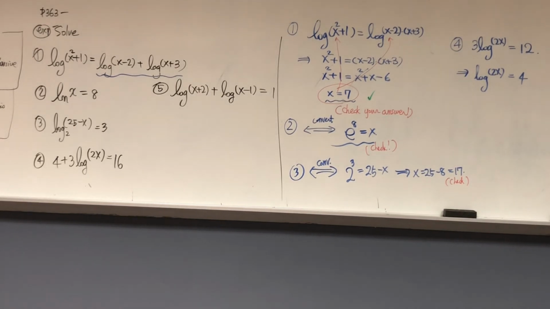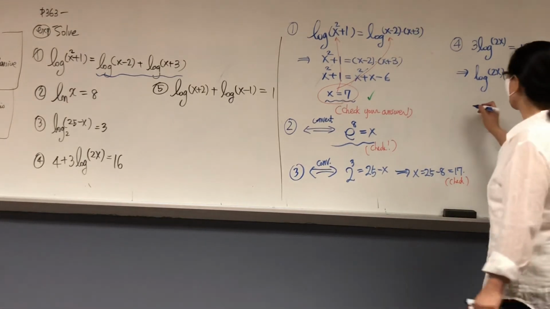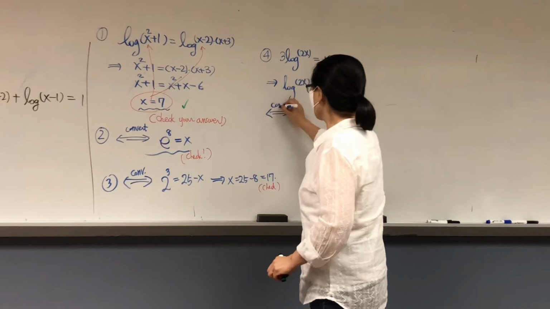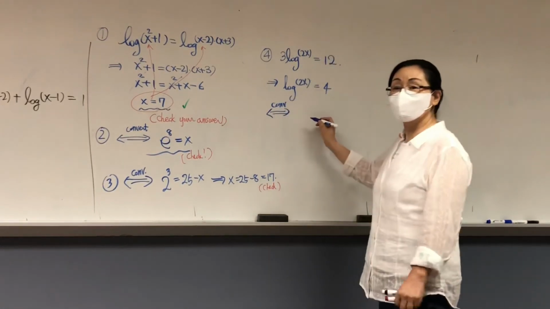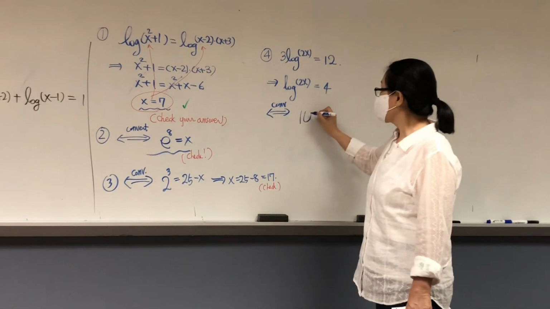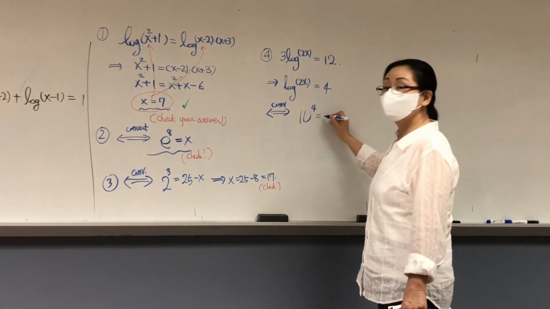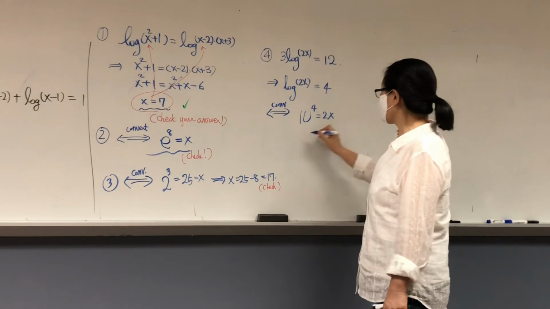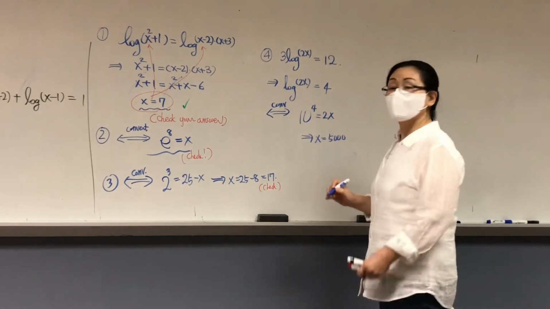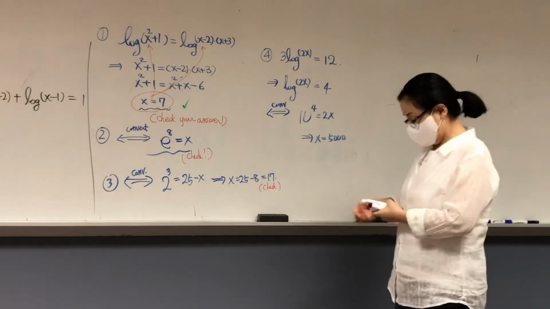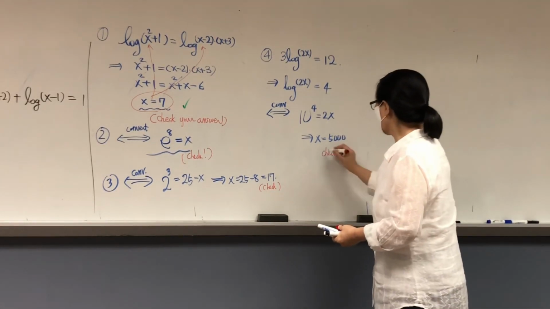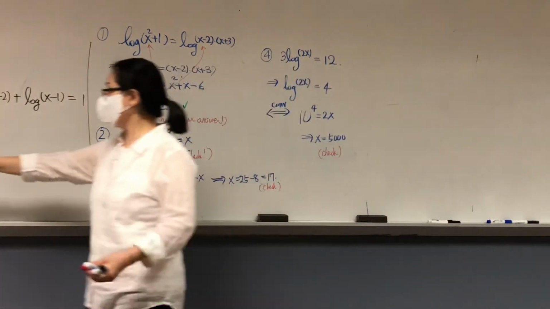Convert. Yes, of course. You don't have a log on the other side, so you would convert, right? Not a good idea otherwise. And then what is the equivalent? 10 to the 4th equals 2x. Good. So x is what? 5,000. Yes? Okay. Check. Of course, it's trivial because 5,000 here is true.